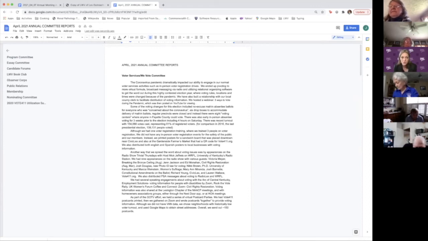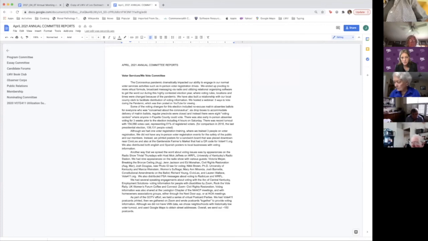And really engaged with the county clerk, and this was in my dual role on the state board and with the Lexington League, really advocating for getting voting information publicized on the Go Vote KY, because that information was not being put up there.